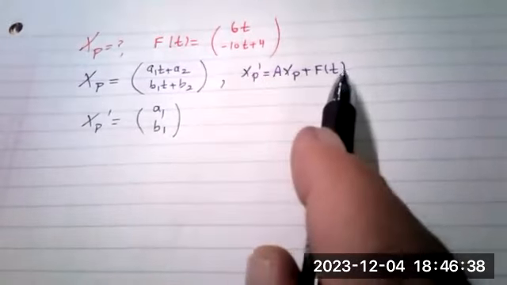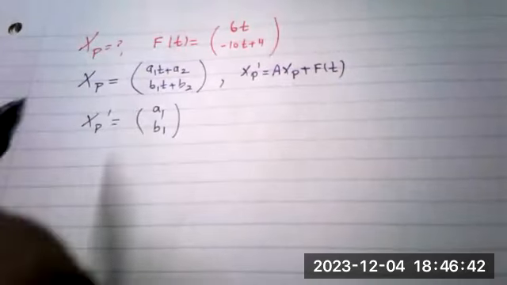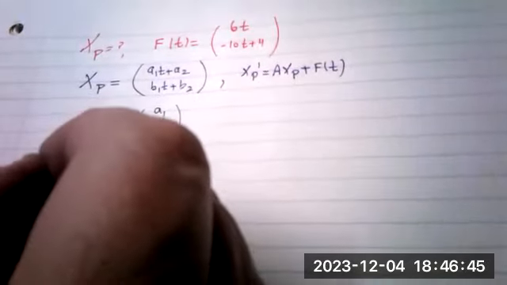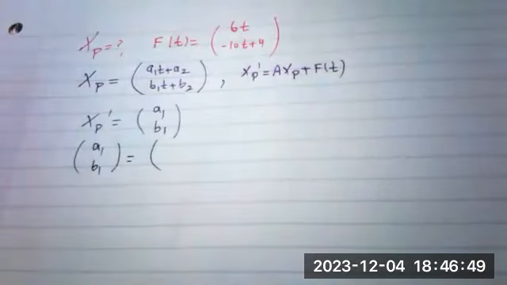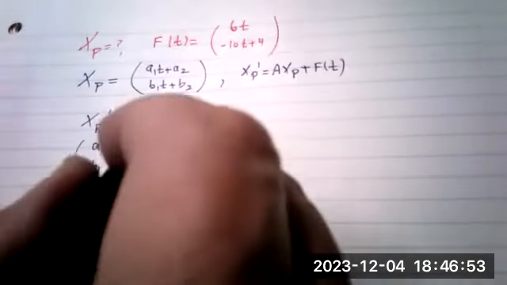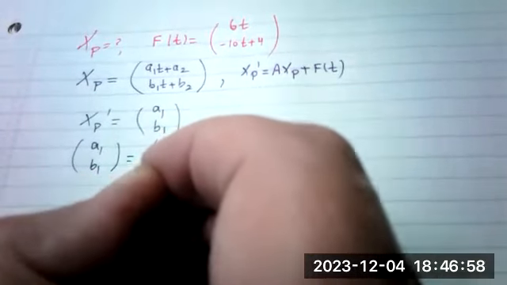Go back, substitute here, make an equation to be able to find those unknowns. There you are. So that gives you A1, B1 for the prime. Then the matrix. What's the matrix? The matrix was 6, 1, 4, 3.